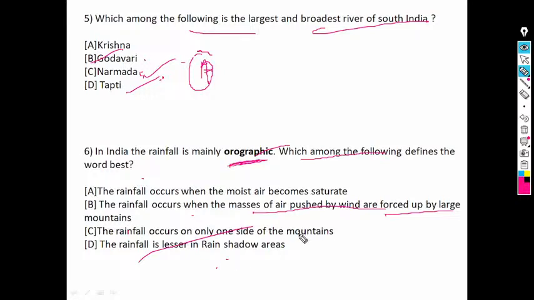So here the answer is that the rainfall is lesser in the rain shadow area. So D is correct. D for Delhi.